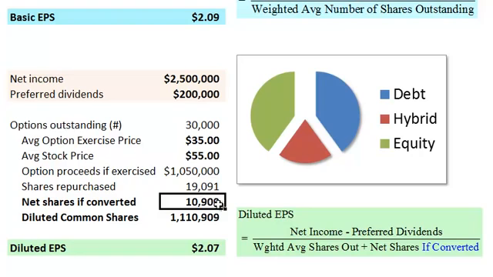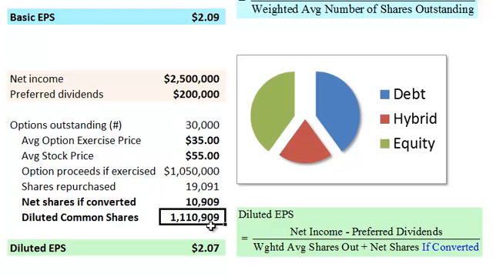And so in this case, those 30,000 options would represent additional dilution of 10.9 thousand shares, and we add those to that weighted average common shares outstanding, and we will get a larger number, in this case, the diluted common shares of 1,110,909.